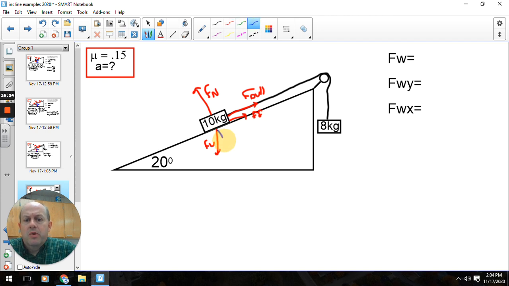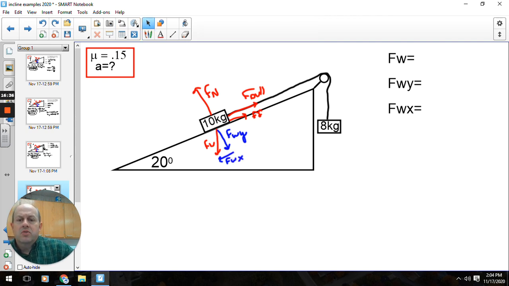We can put our force weight Y in and our force weight X in. So let's choose positives and negatives. So again, keeping our friction negative if we're saying it's moving down, so friction would be up, so positive, negative, and we'll go positive and negative here.